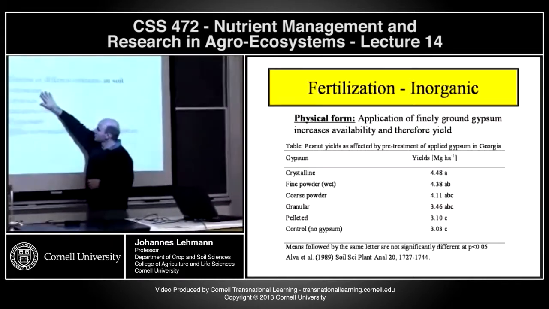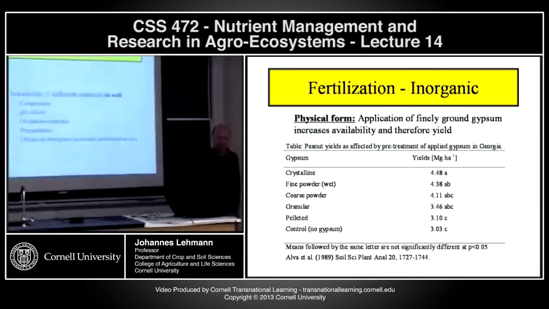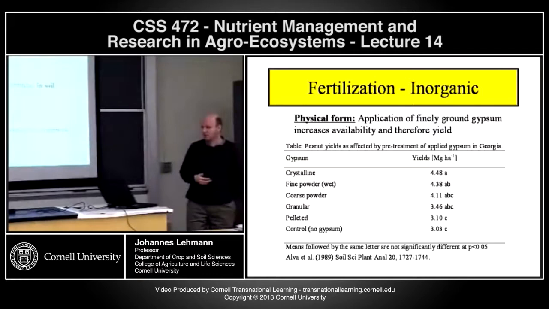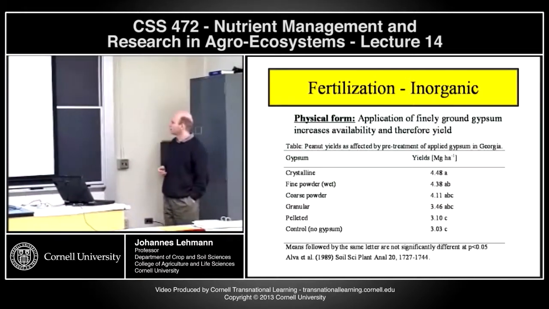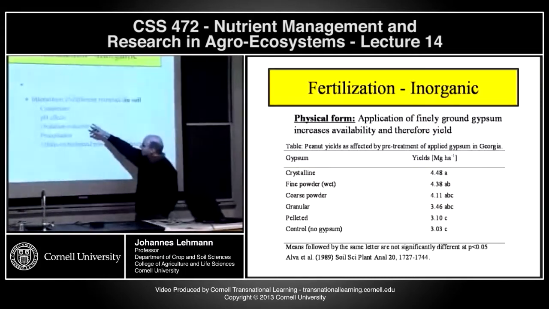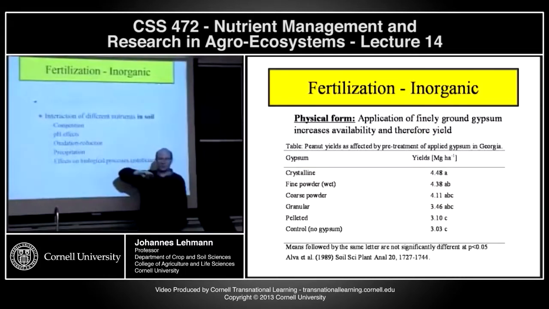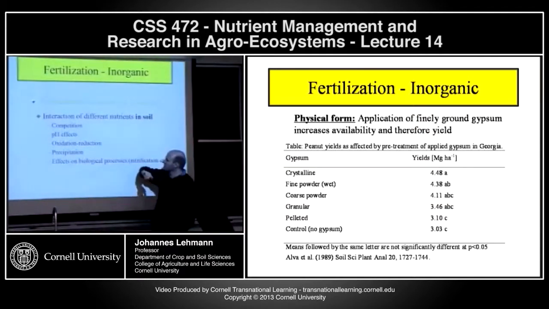And possible interactions are through competition, that one nutrient competes with another nutrient for exchange sites, or for transport, pH effects, that the pH is changed by one nutrient and that affects the availability of another nutrient.